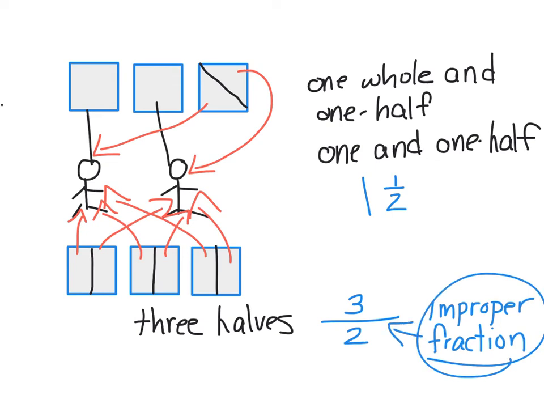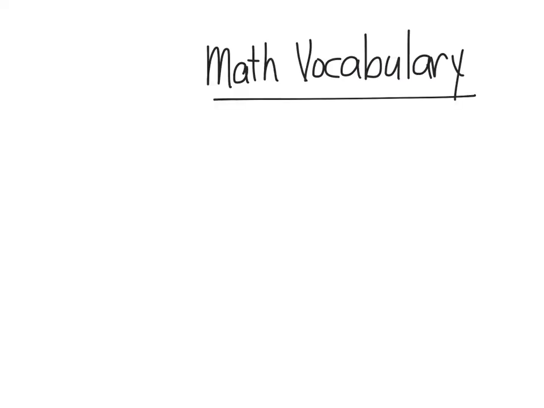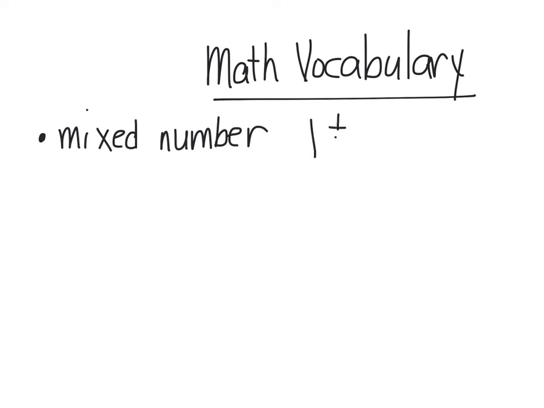Now, let's get ready to write this new math vocabulary into your books. Turn open to page 58. Pause this video until you're ready. Okay, so let's add on mixed number. And let's put our example that we worked on. So that would be 1 and 1/2.